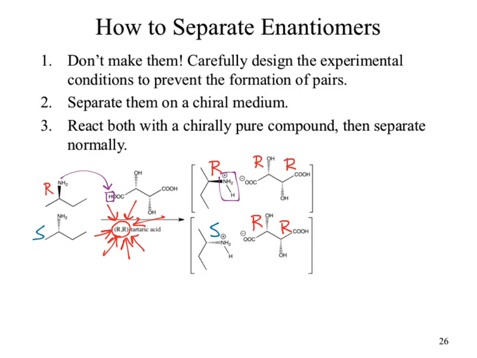Right? So it's an acid-base reaction. How would you undo an acid-base reaction? Well, if it was an acid to begin with, add a base, and we reverse the reaction. Okay? So that's a common question that pops up on looking at how to separate enantiomers. Looking at reacting them with a chirally pure compound, tartaric acid happens to be the most common one.